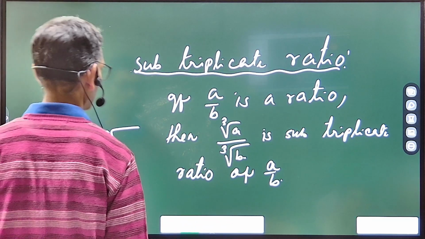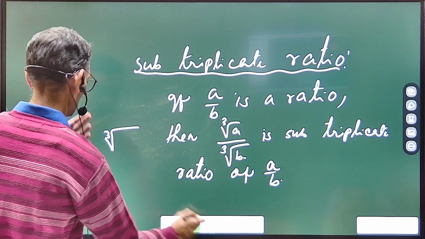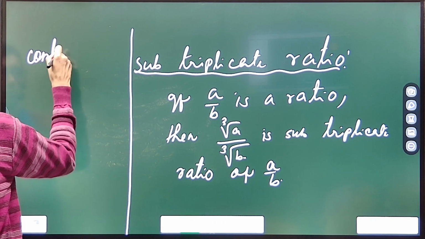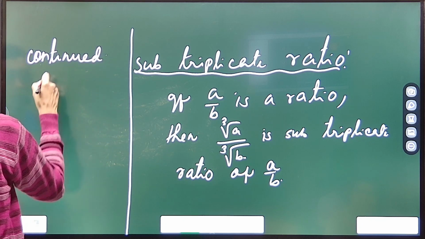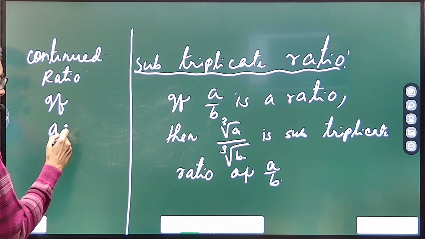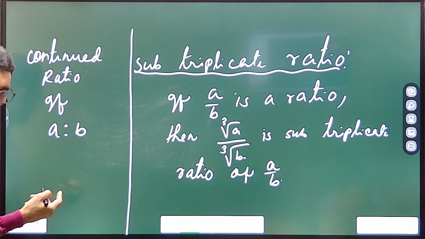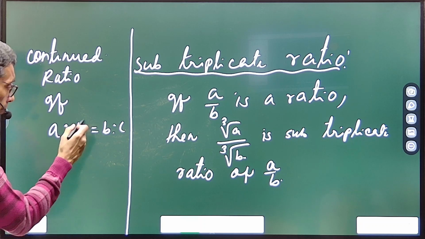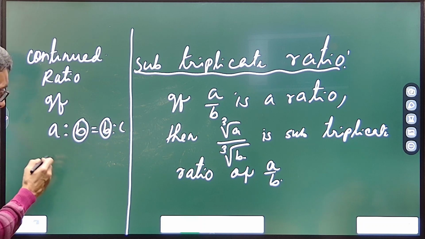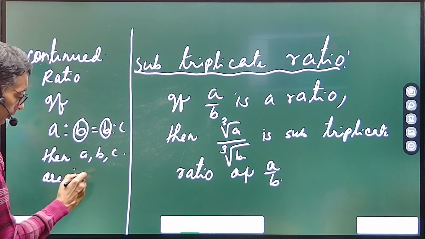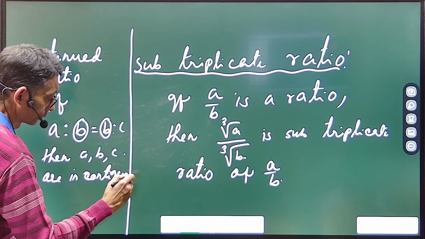Okay, now what is a continued ratio? If A is to B, and B is repeated, that is, A is to B is equal to B is to C, then A, B, C are in continued ratio.